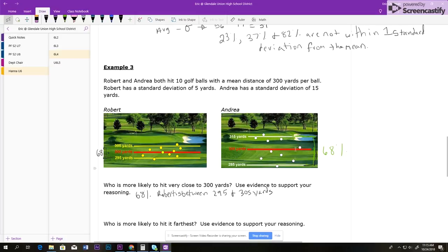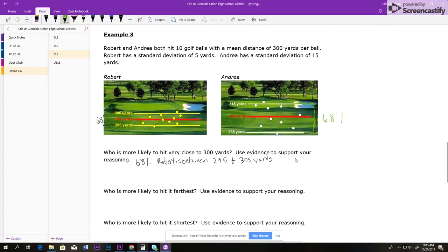So who's more likely to hit closer? Robert's results are more clumped together, so he is most likely going to be closer to 300.